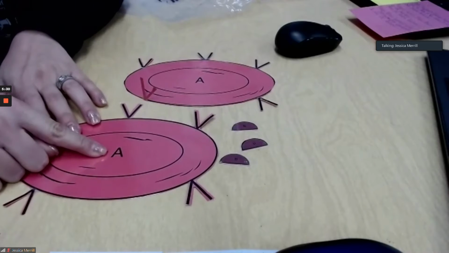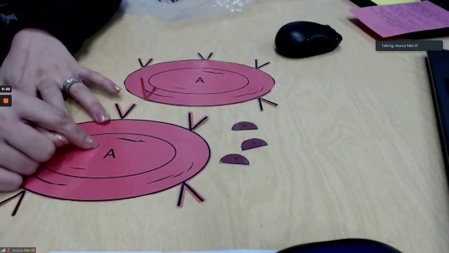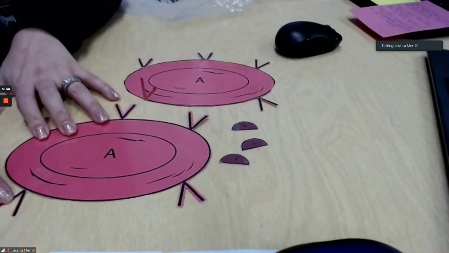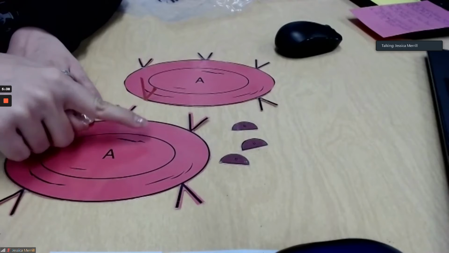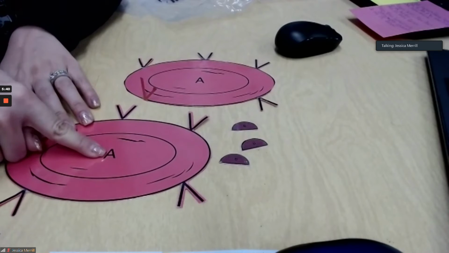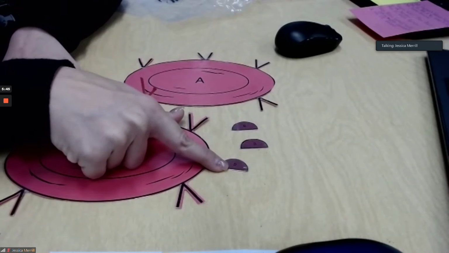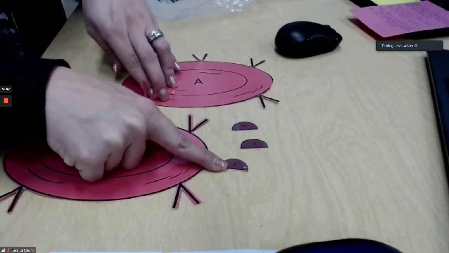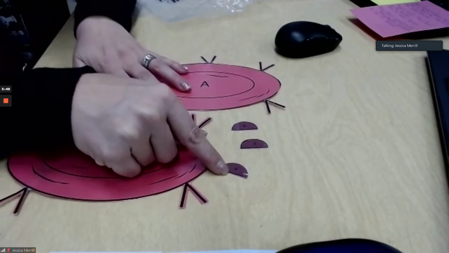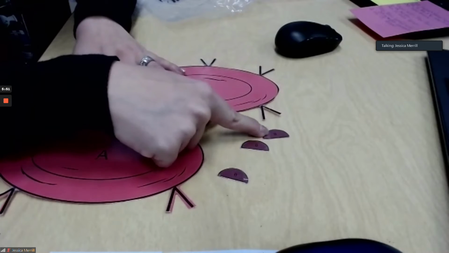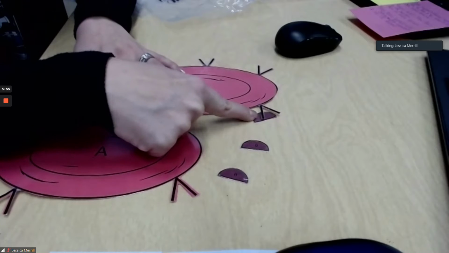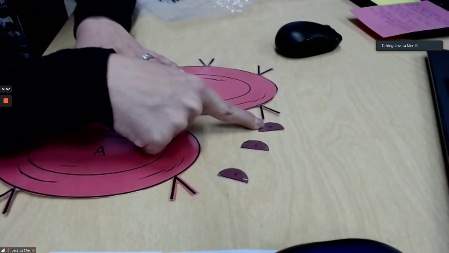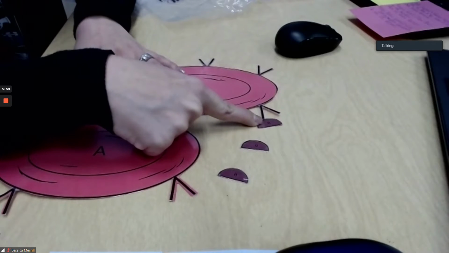Because the antigens on the red blood cell determine what type it is, we have A antigens on our type A blood, and in it we have B antibodies. The purpose of the manipulatives and the shapes is to show that when we take our B antibodies with our donor A red blood cell, they do not match, they will not agglutinate, and they will not clot.